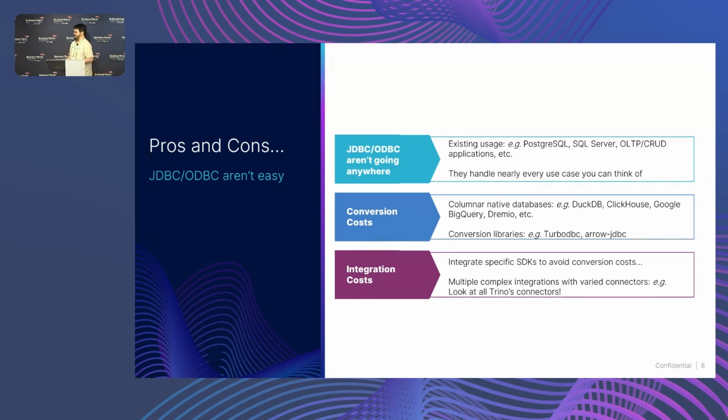And then when you want things to go faster, you're going to avoid that cost by instead having to integrate with a specific SDK for that database so that you can then benefit and get the representation you want natively and not pay all those conversions.